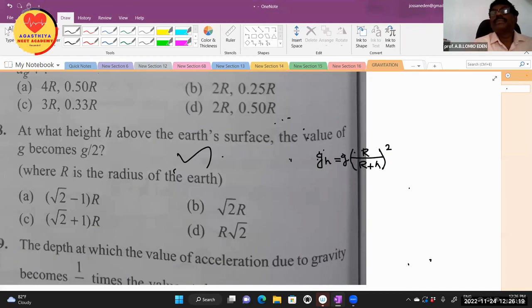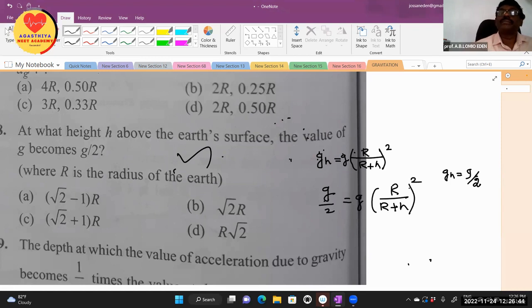In the problem, at a particular height, the acceleration due to gravity is half of the acceleration due to gravity at the surface. Now, substitute g_h as g by 2 and g R divided by R plus h whole square.